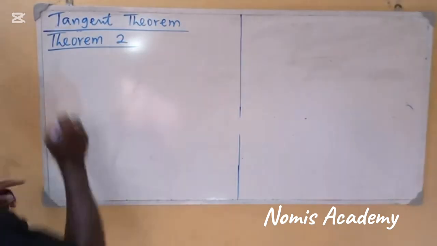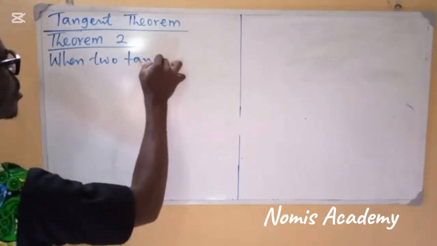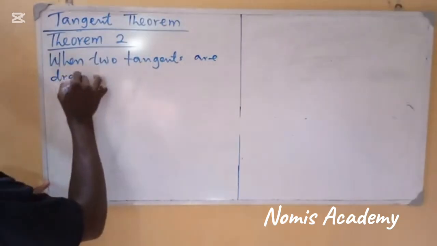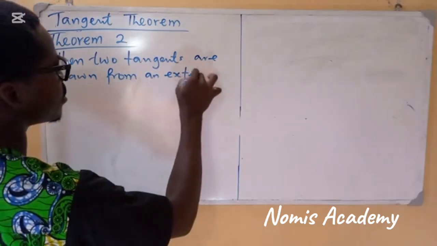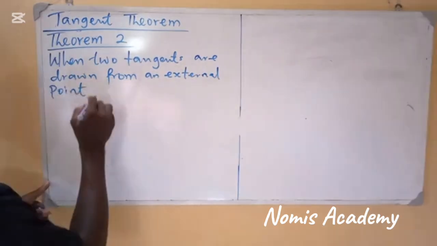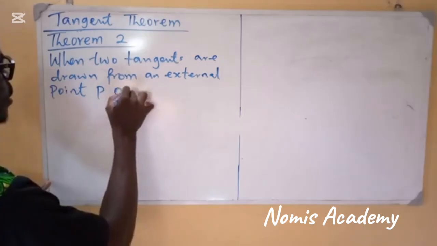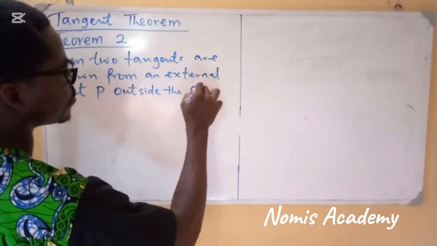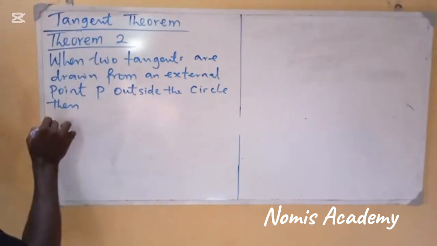It says that when two tangents are drawn from an external point P outside the circle, then we have two conditions.